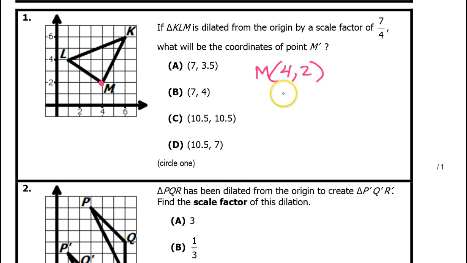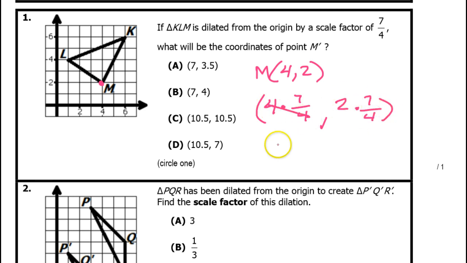So first of all, point M is right here, and it has coordinates 4, 2. So if I want to find M prime, I need to multiply each one of these coordinates by 7 over 4. So I'm going to do 4 times 7 over 4 and 2 times 7 over 4.